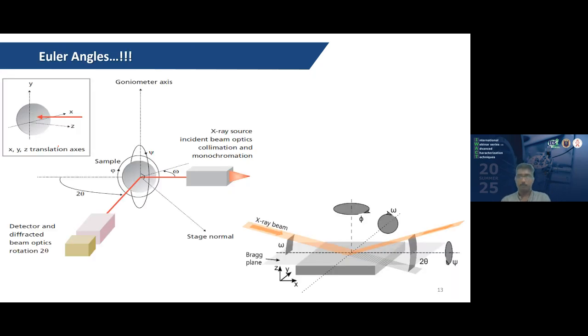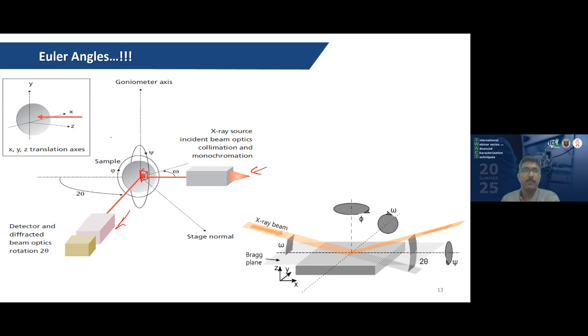Before moving on to the details of HRXRD, we should know the different angles that we are using in HRXRD measurements, and how these angles are defined. Here, two pictures, two perspectives of the X-ray diffraction scheme, are given. In this case, a film is placed vertically, and here is the X-ray source, and here is a detector.